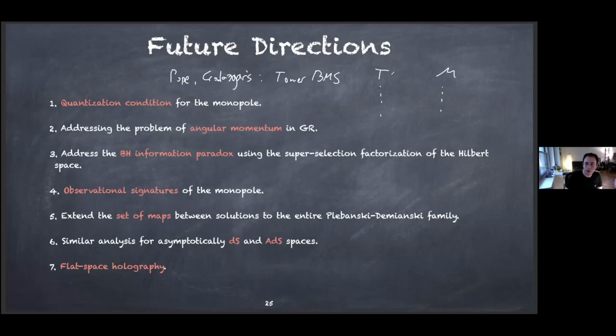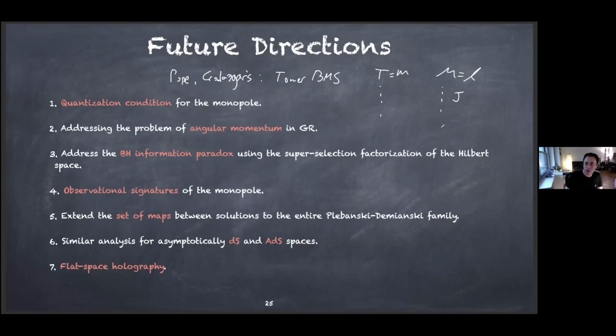Now, at leading order, T is basically a description of the mass, and M is a description of the NUT parameter. So this is like a magnetic monopole. And let's put it this way, I suspect that at subleading order, the subleading dual supertranslation charge describes angular momentum.